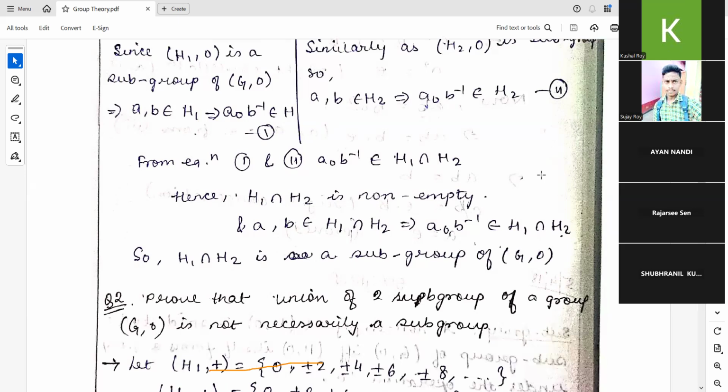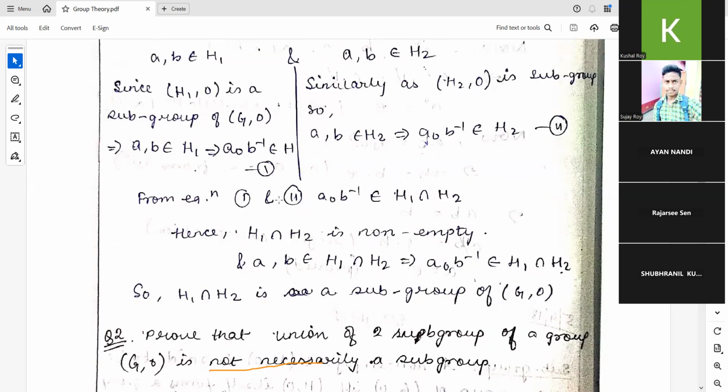So it is very clear that A composition B inverse belongs to H1. There is another printing mistake; this is H1. So that means A composition B inverse belongs to H1 as well as A composition B inverse belongs to H2. Therefore, A composition B inverse is a common element of H1 and H2, so A composition B inverse belongs to H1 intersection H2.